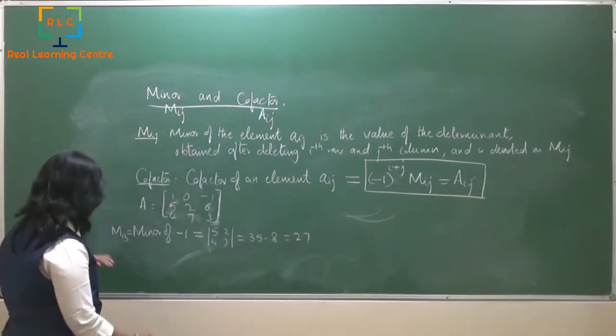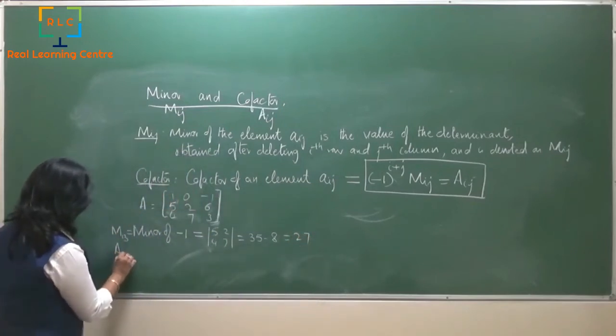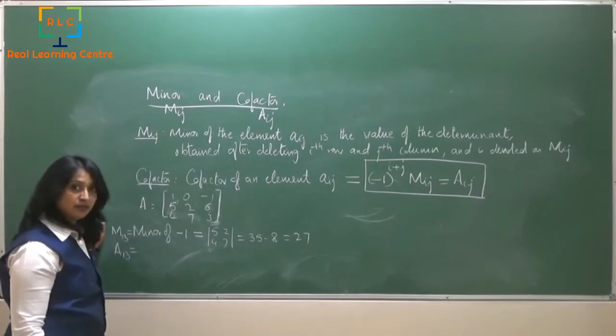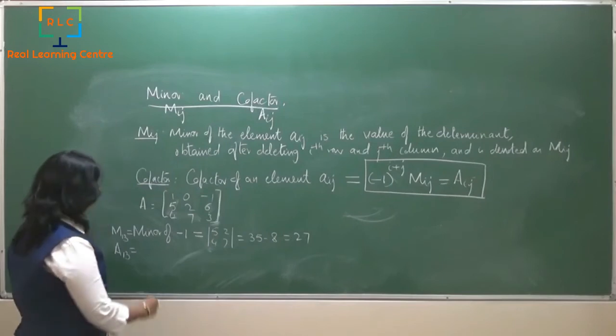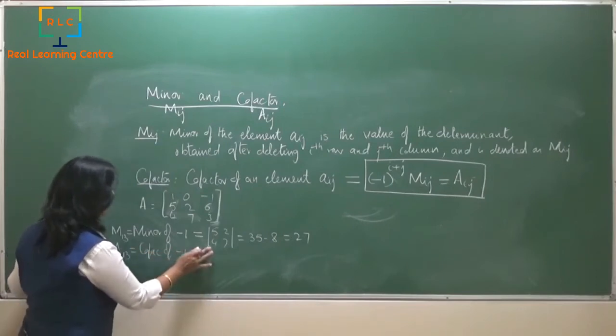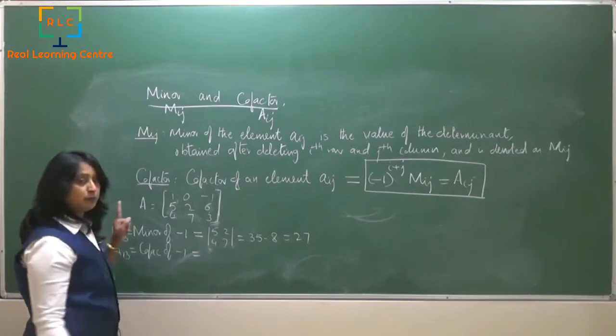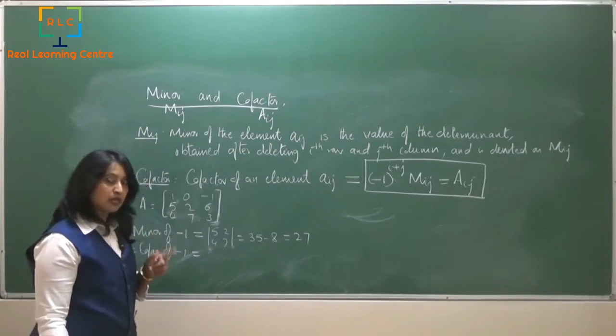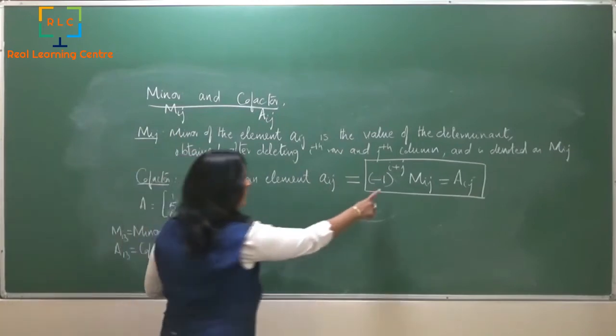Okay, so now I want the cofactor, that is A13. How do I take out A13? Cofactor, how do I take out? So this will be the cofactor of minus 1. That particular place is having plus or minus? It is having plus. How do you find out? Using this formula.